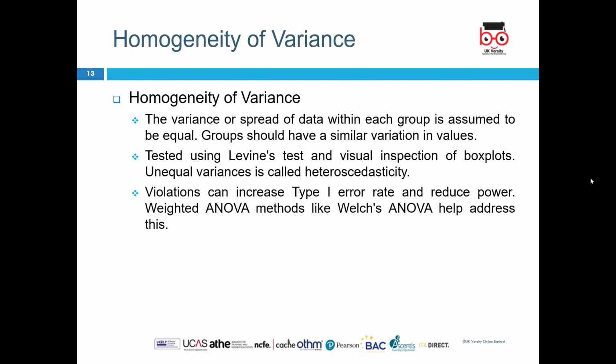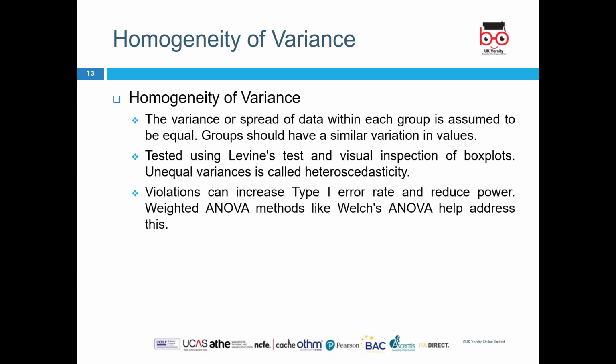Homogeneity of variance. Another key assumption in ANOVA is the homogeneity of variance. The variance or spread of data within each group is assumed to be equal, which means the groups should have similar variation in values. The data should be tested using Levene's test and visual inspection of box plots.